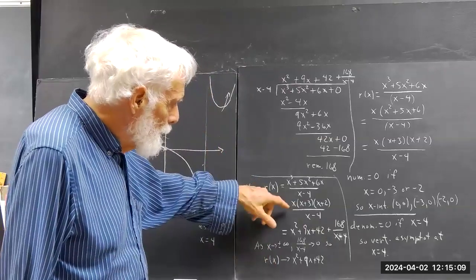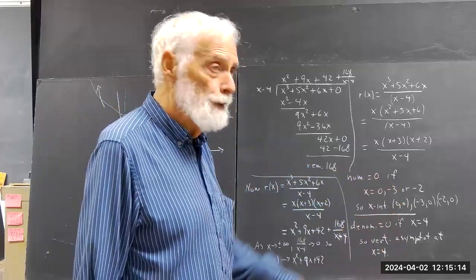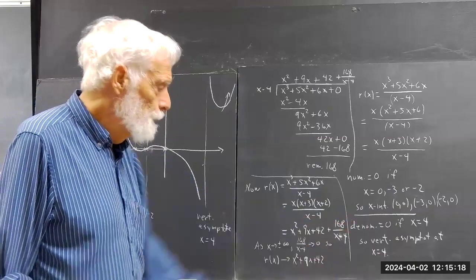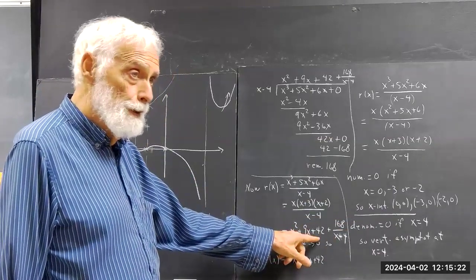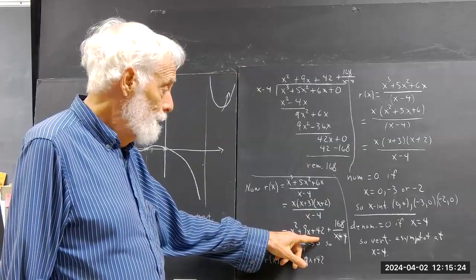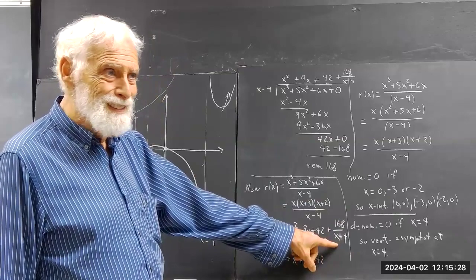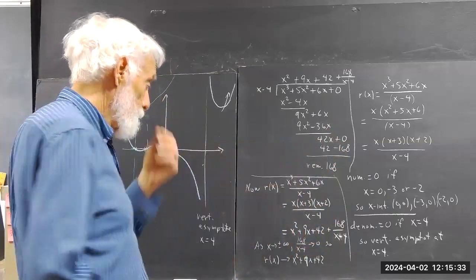And from the factored representation, we can get the zeros and the asymptotes. And then we have the long division representation, which gives us a polynomial in this case, and then some number over something that gets really big as you move far away from the y-axis.